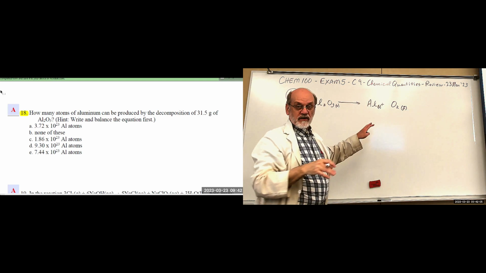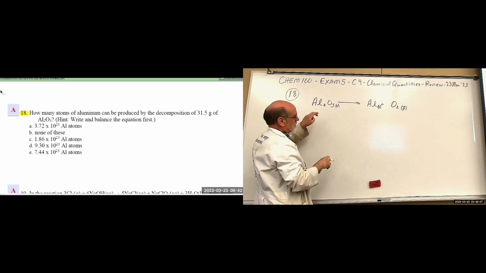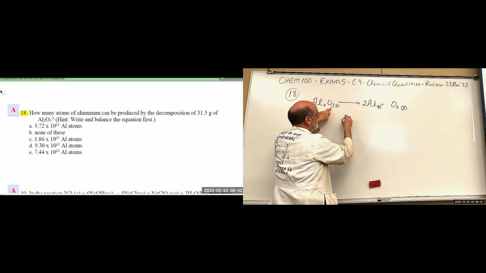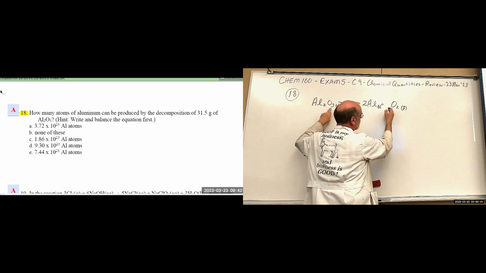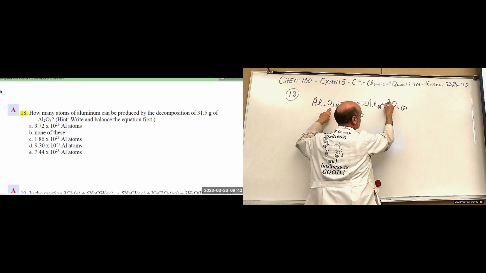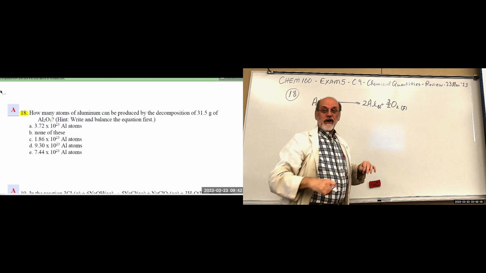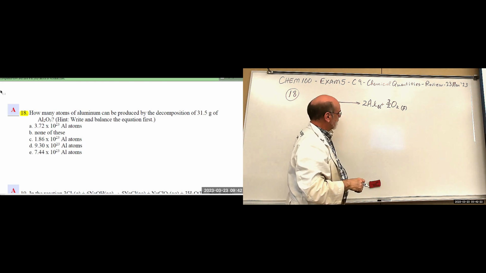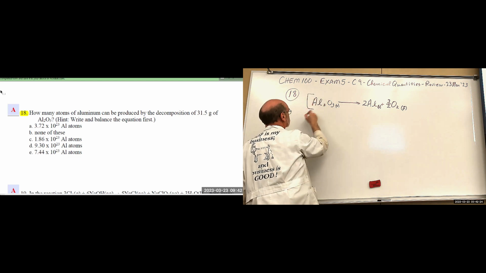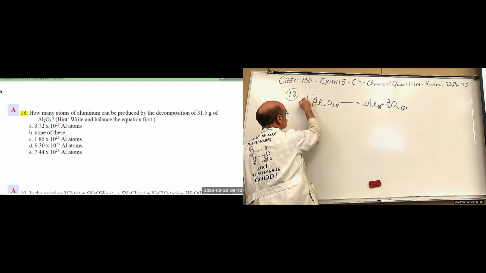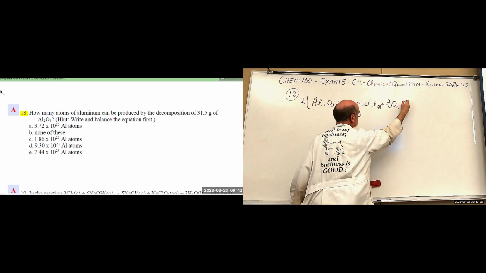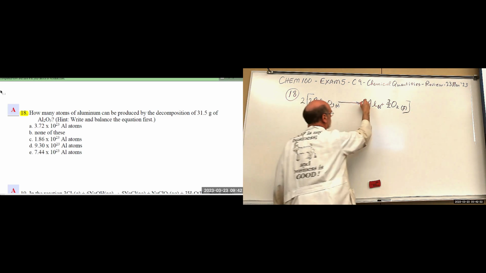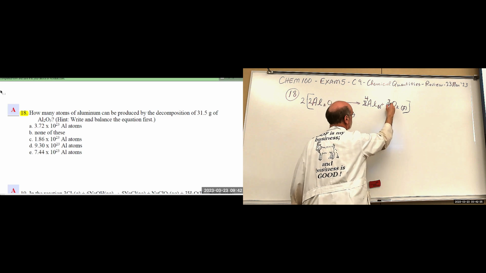Now we need to balance the equation. Right? This is easy. 2 aluminums, 2 aluminums, 3 oxygens, we need, use our fraction trick. 3 halves of oxygens gives you 3 oxygens. And then we say 2 to get rid of that fraction. So that means there'll be a 2 here, there'll be a 4 here, and there'll be a 3 there.